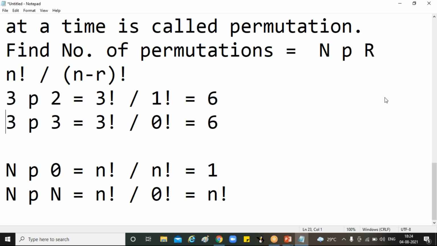For example, 3P3 is nPn, so it is n factorial, 3 factorial, which is 6. So nP0 is 1. nPn is n factorial.